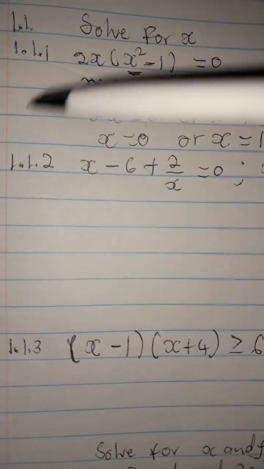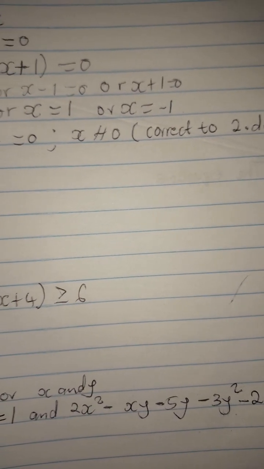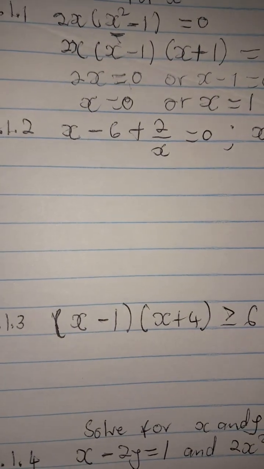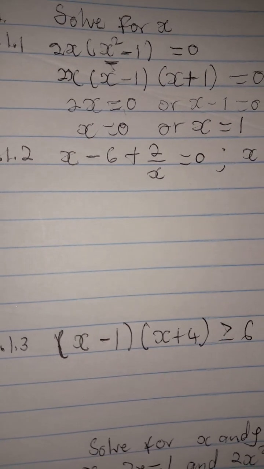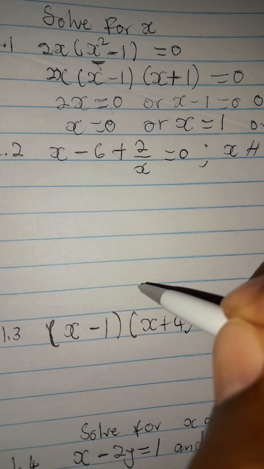Then let's go to 1.1.2. We are required to solve for x correct to 2 decimal places. From here, what we could do is write this in standard form.